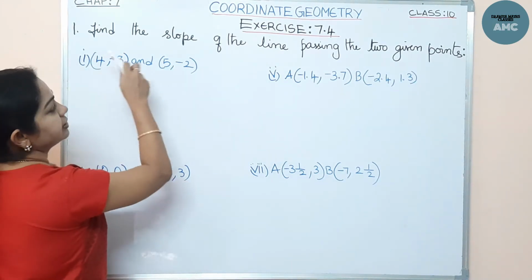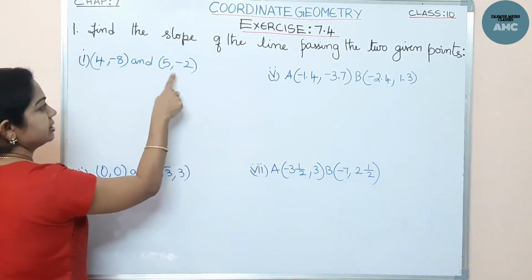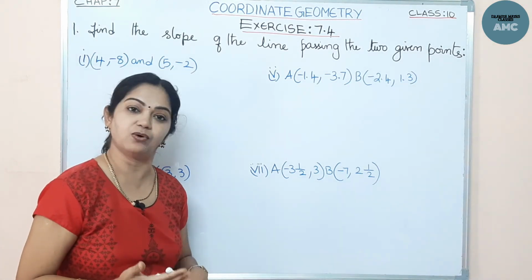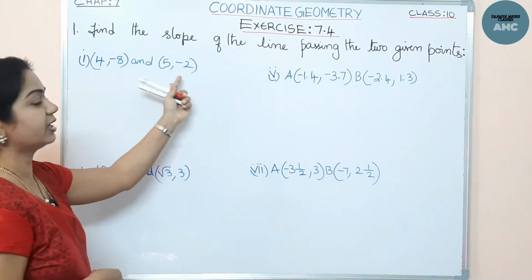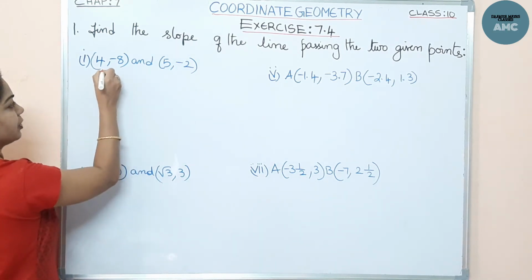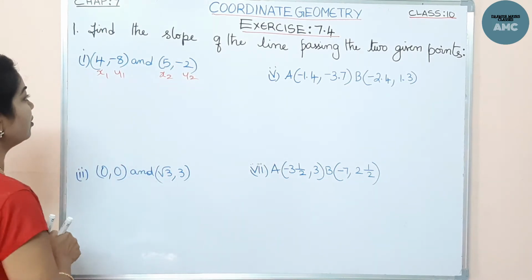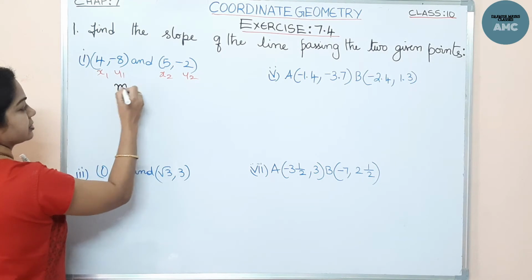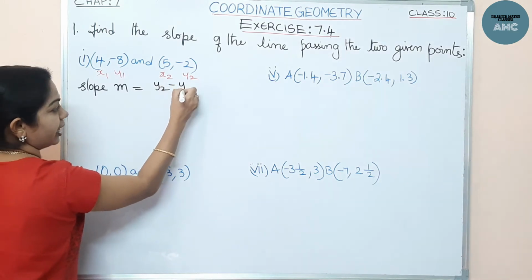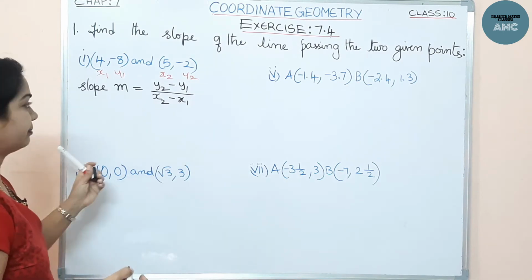Now here, find the slope of the line passing through the two given points. Now what is the slope? Slope is nothing but the steepness or the inclination of a given line. Now the coordinates of the two endpoints of the line are given. Let us suppose the first point as x1, y1 as usual and the second point x2, y2. Now the formula of the slope, small m, is equal to change in y by change in x coordinates, that means y2 minus y1 by x2 minus x1.